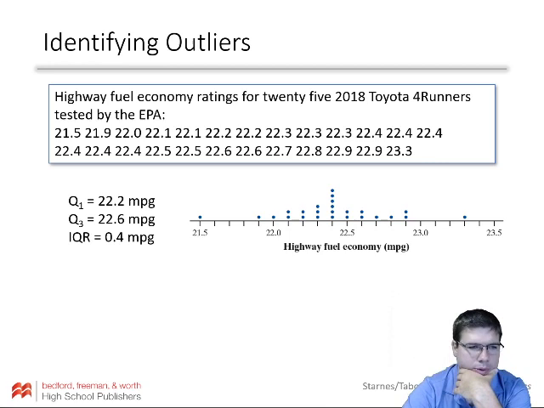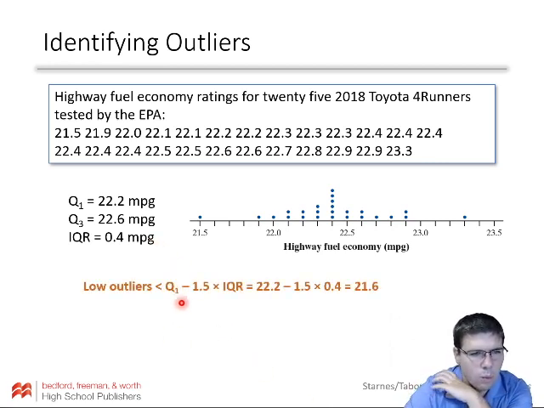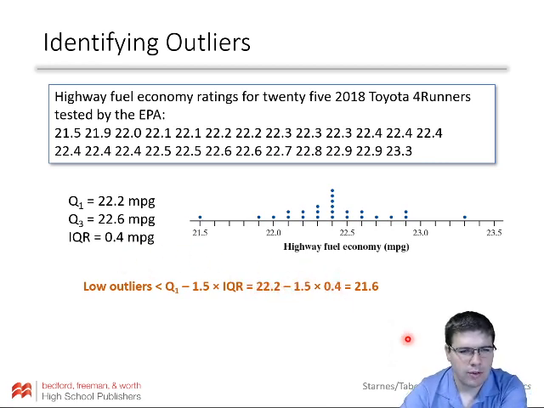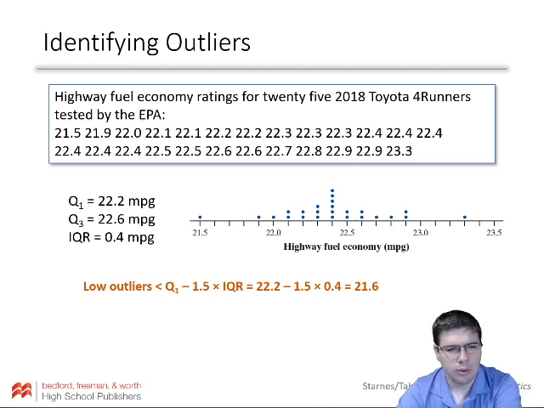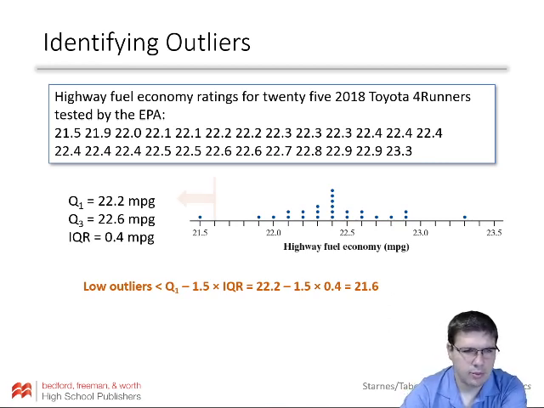If we go 1.5 times that below Q1, so 22.2 minus 1.5 times that interquartile range, will give us a lower threshold. So any data value below 21.6 would be considered an outlier because it's more than 1.5 interquartile ranges below Q1. And if we look at this, we do have a low outlier. That would be the threshold.